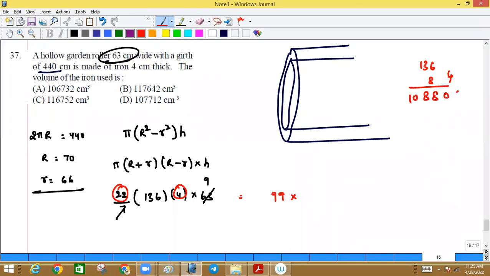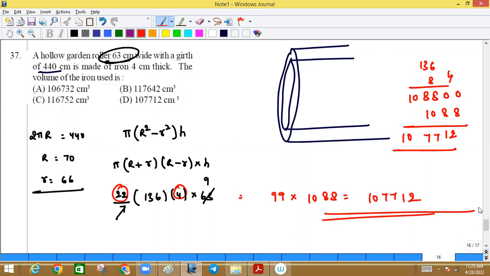Into 99 means 1088 into 100 minus 1088, you do it. It is 12. How much is it? 107712 is the volume of that iron used.